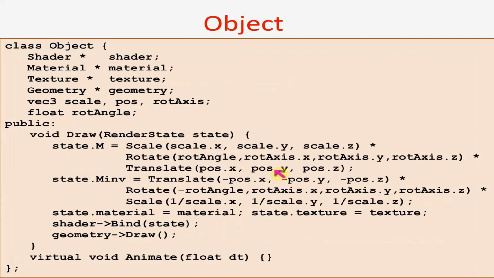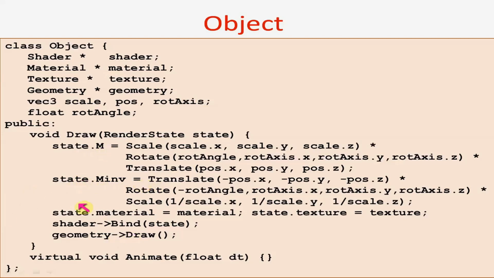An object is associated with a shader, a material, a texture, and a geometry stored in a vertex array object on the GPU. An object has animation parameters that can be used to compute the scaling, translation, and also the rotation. During rendering, the modeling transformation M is set based on the transformation parameters, and its inverse is also calculated because this inverse will be used to transform normal vectors.